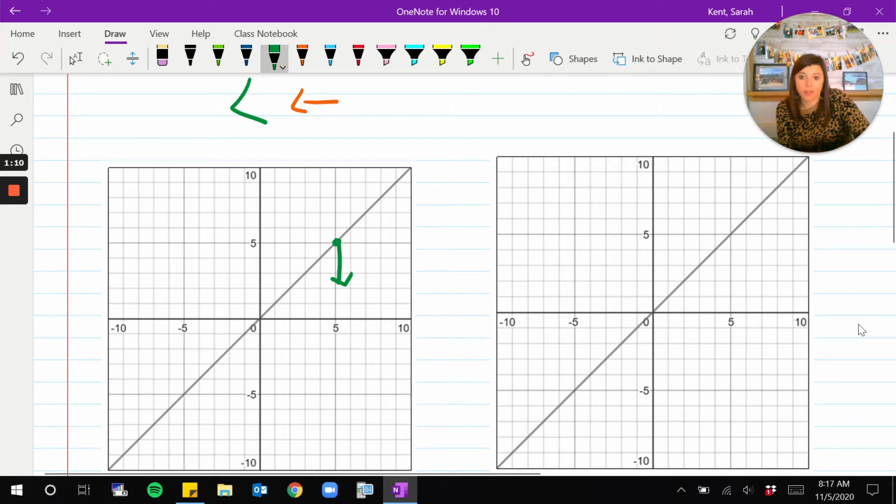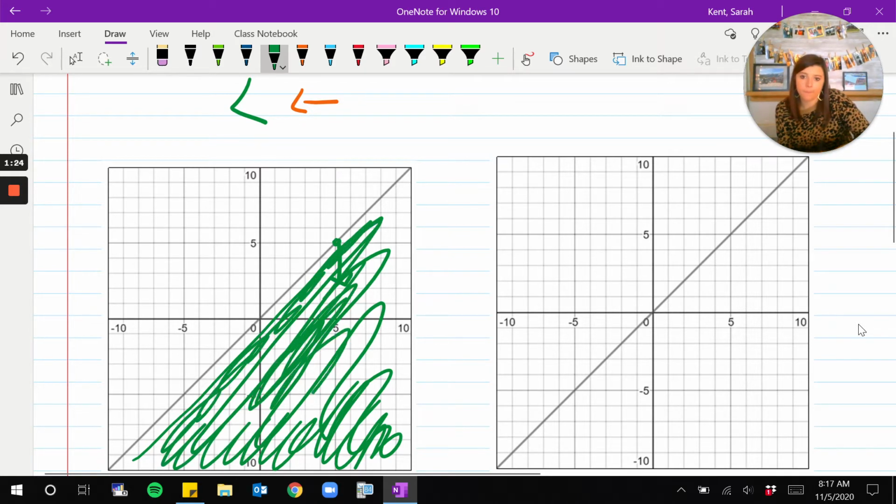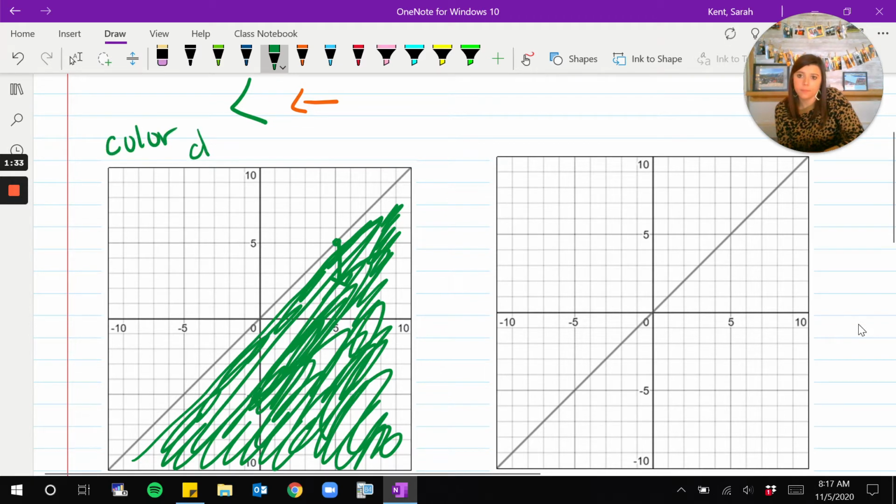So here I'm going down, so that means I will shade in all of this area. And then, since it is just the arrow, I want a dotted line.